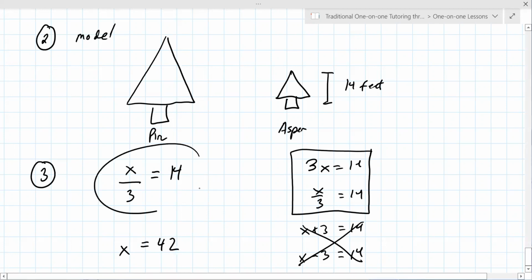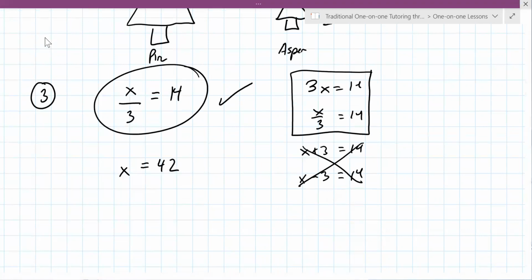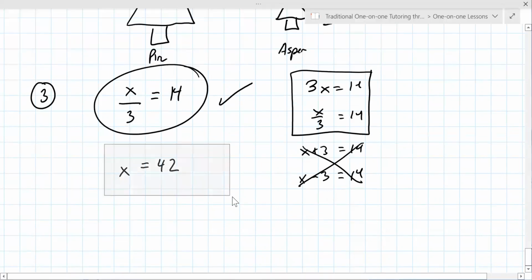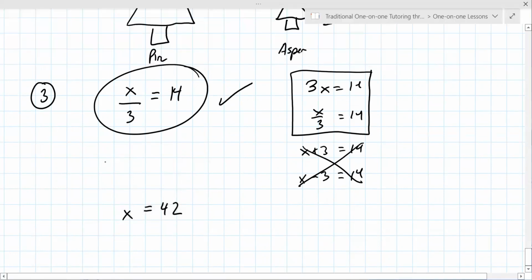Well, so this is correct. What I'm saying is this is correct, but you have to then solve it. So you solve it by multiplying both sides by 3, like you did on the page. So you're going to multiply both sides by 3.